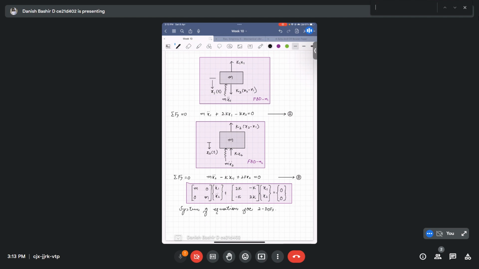Okay, so now we want to get the modal frequencies and mode shapes of this system.